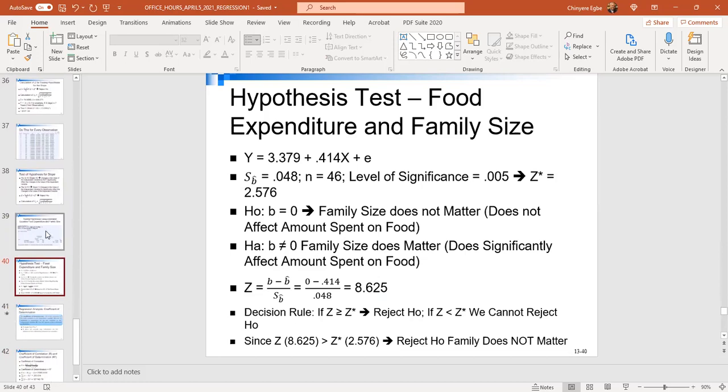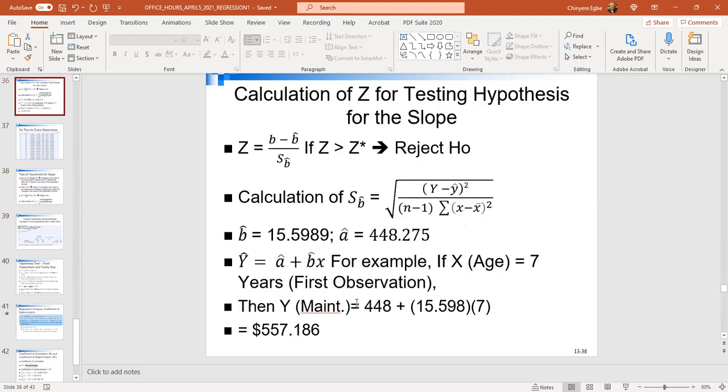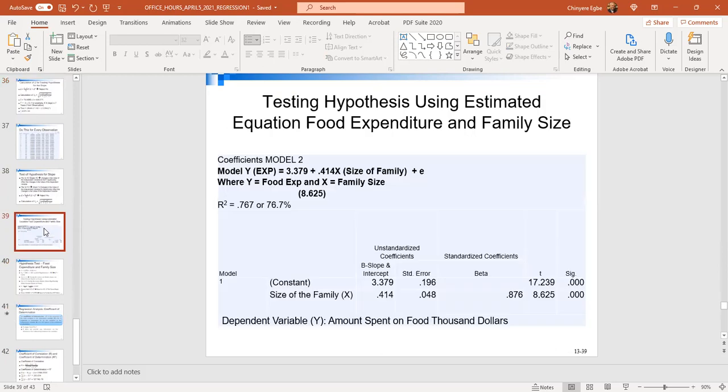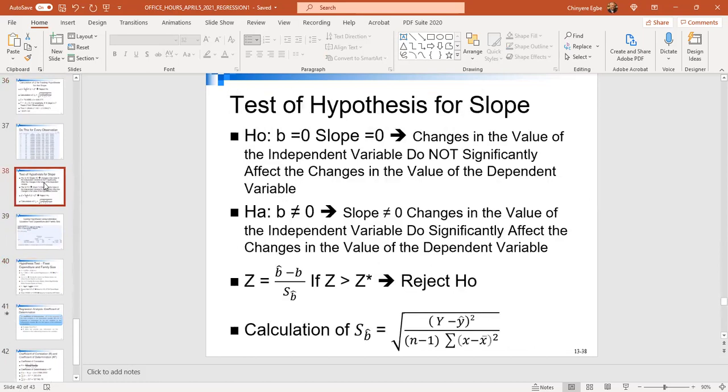Okay, let's see. So it looks like it's B hat. I'm going to try to get the standard error of B. So now that we don't have this, I'm going to calculate one so that you can see what we're doing.